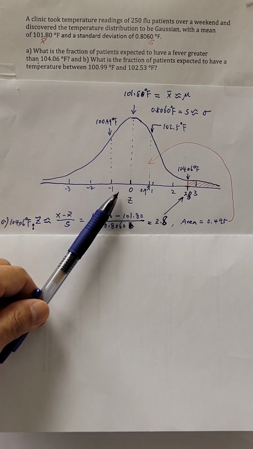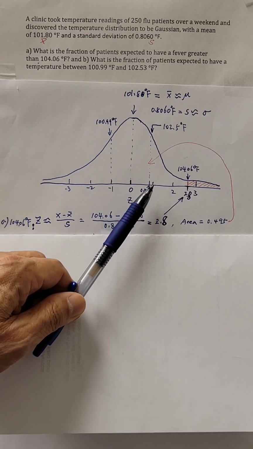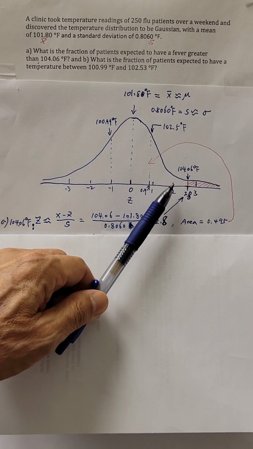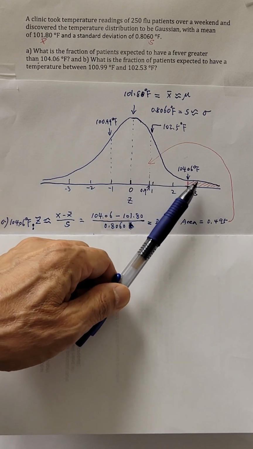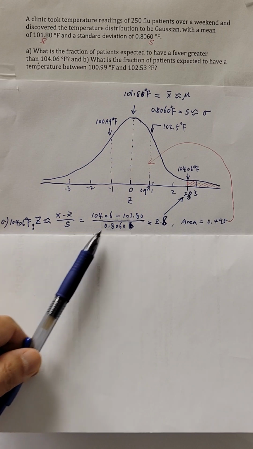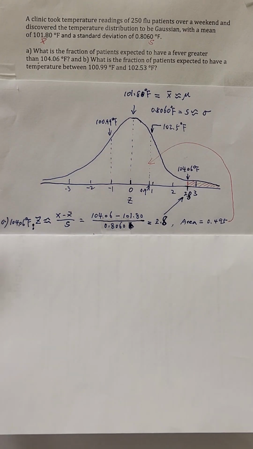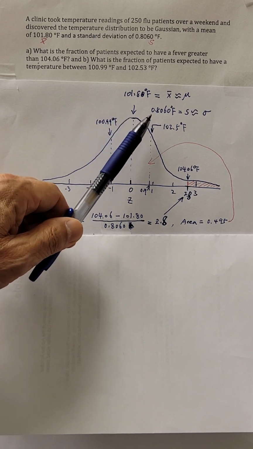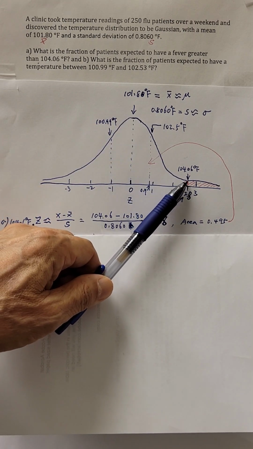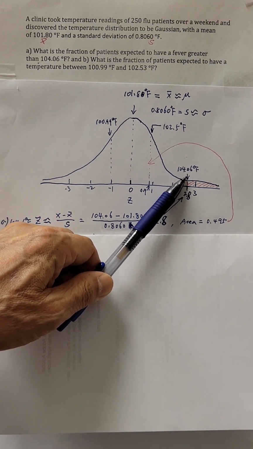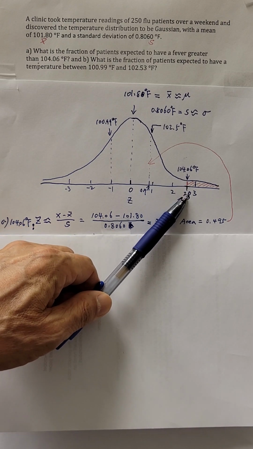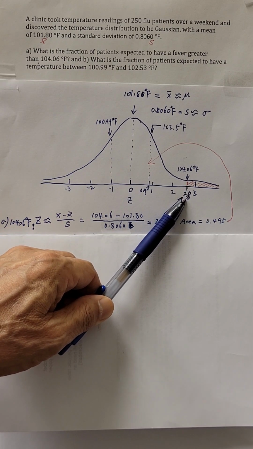And then this is Z minus 1, Z plus 1, Z minus 2, Z plus 2, Z minus 3, Z plus 3. And for this value, we are going to work on 104.06. The temperature-wise is right here, but the equivalent Z value is 2.8.